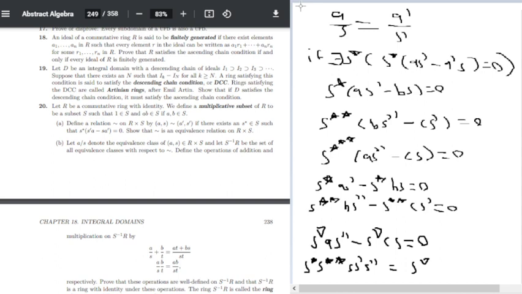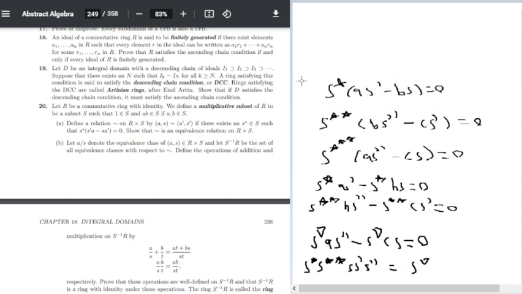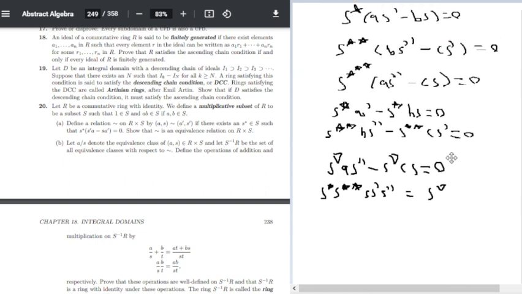So what we want to show is that, oh, this is horrible looking, okay. We want to show that defining it like this will give us an identity. So first of all, what can we convert S prime into? This is what we want to show. This is equal to S delta.